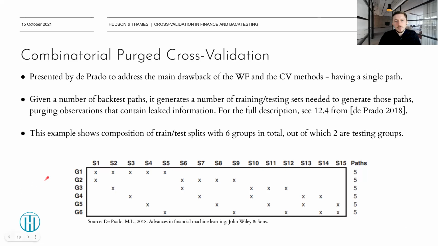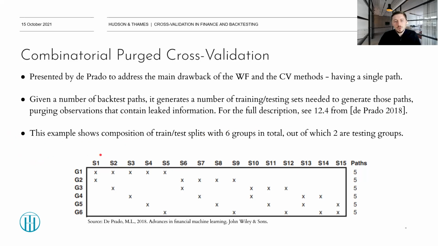So in combinatorial purged cross-validation, given a number of backtest paths, it would generate the number of training and testing sets needed to generate those paths, purging observations that contain leaked information. And additionally, an embargo can be added. For the full description of how this algorithm works, I encourage you to check part 12.4 from the original book.